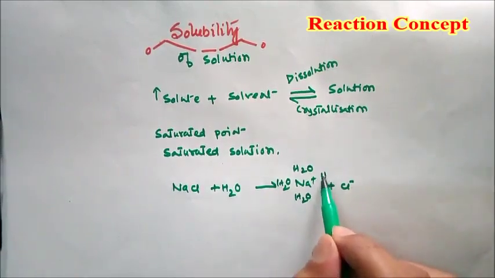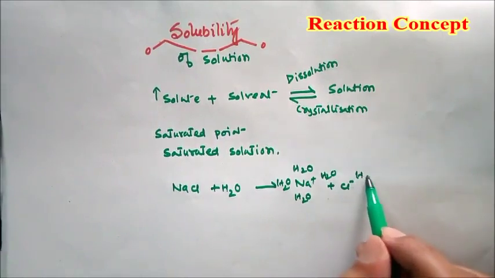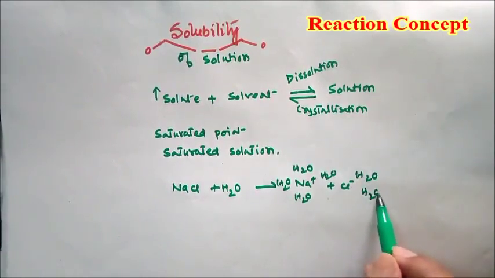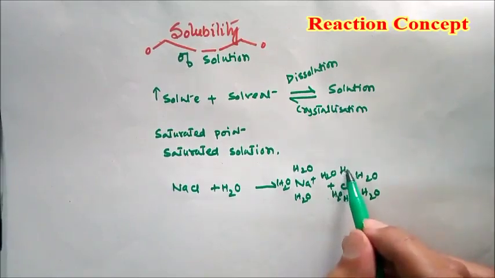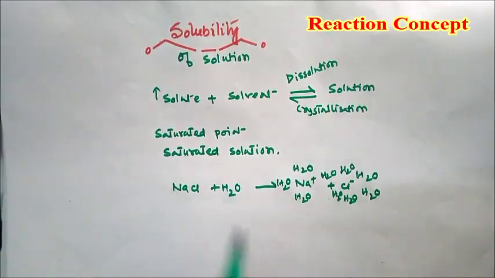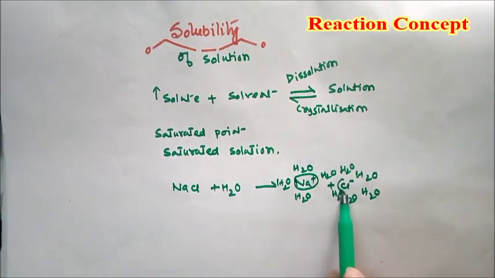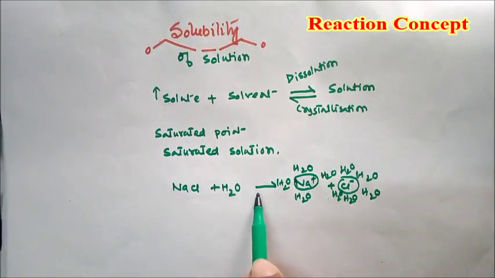This process is called the solvation process or dissolution process. At the saturation point, the number of these ions becomes larger, and the ions start colliding with each other. As a result, they start to precipitate in the solution, giving rise to the crystallization point.